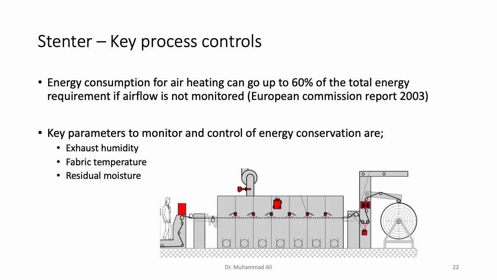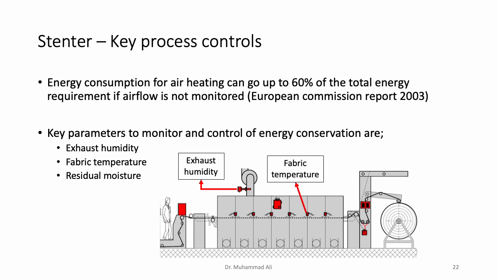So in a standard treatment chamber, the exhaust humidity sensor is of course placed at the exhaust ducts. The fabric temperature sensors are provided inside the treatment chambers. Usually these sensors are non-contact sensors, so they can read the fabric temperature without making any physical contact with the fabric.